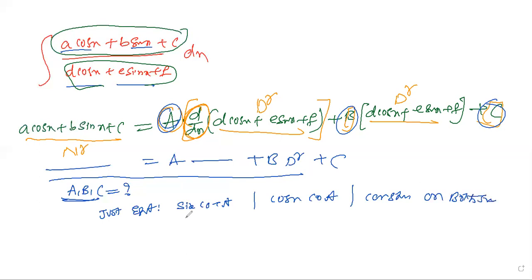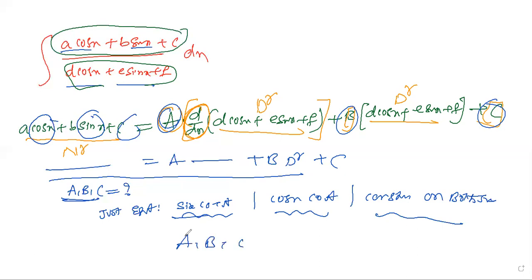Because you are expecting sin x, cos x and constants on both sides, you can compare both sides, and you will get the a, b, c values by solving those equations. Clear? You need to understand the steps.